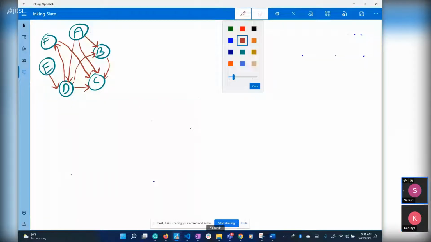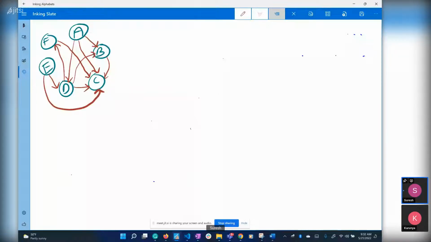So what is the best data structure? Do we need any data structure, or do we not need any other than just a for loop and two variables? Actually, in my graph, one second, I'll open it.